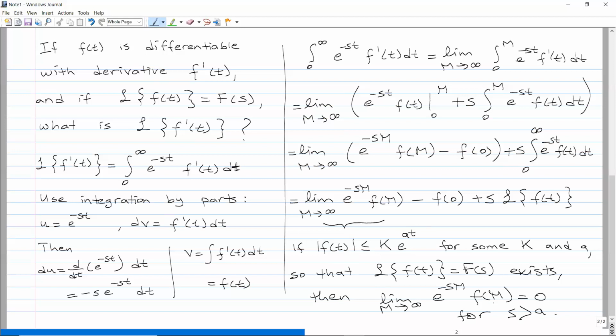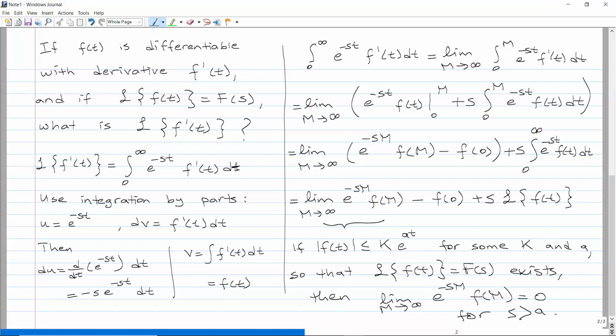So I'm looking at f of m, so I have e to the a times m, multiplied by, in the limit, minus s times m. So we are going to get the limit similar to what we did in the previous lecture. So as long as s is greater than a, this limit is going to be 0.